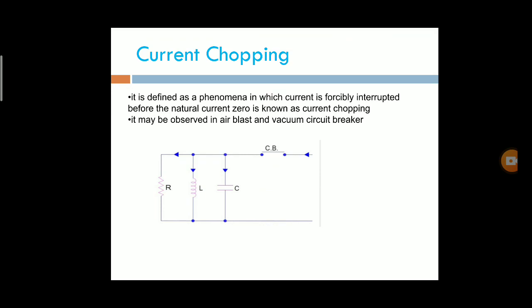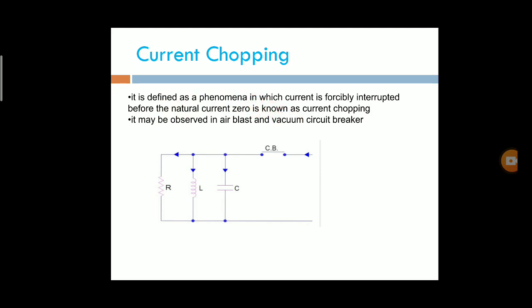Before natural current zero, the current is forcibly interrupted, which is known as current chopping. It is defined as the phenomenon in which current is forcibly interrupted before the natural current zero.